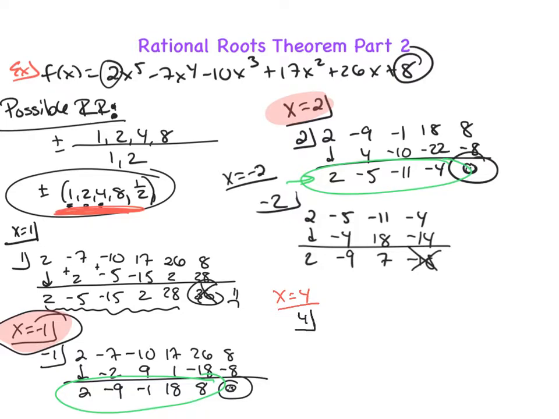Okay, so we check x equals 4. 2, negative 5, negative 11, and negative 4. Bring down the 2. Multiply by 4 to get 8. Plus negative 5 is 3. 4 times 3 is 12. Plus negative 11 is 1. And 4 times 1 is 4. Plus negative 4 is 0.